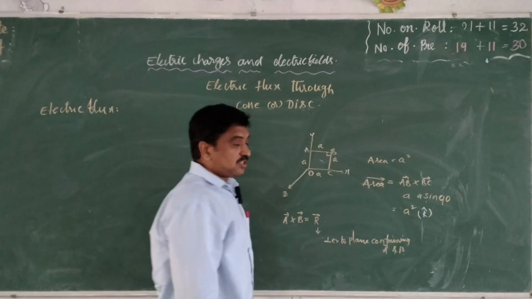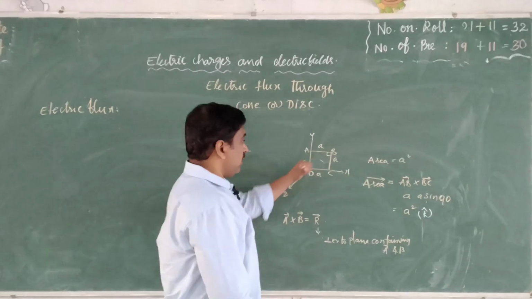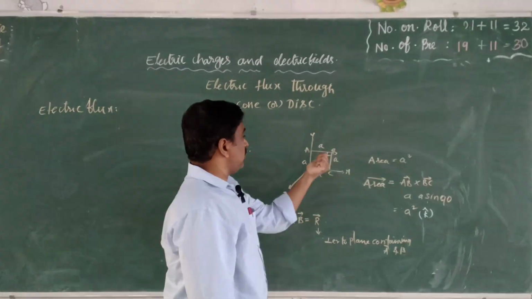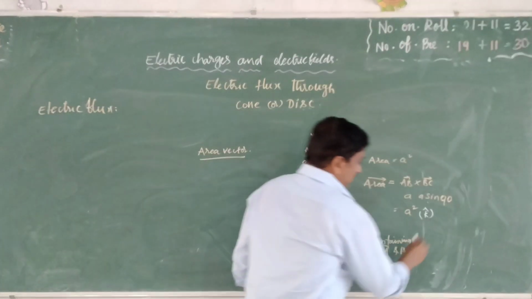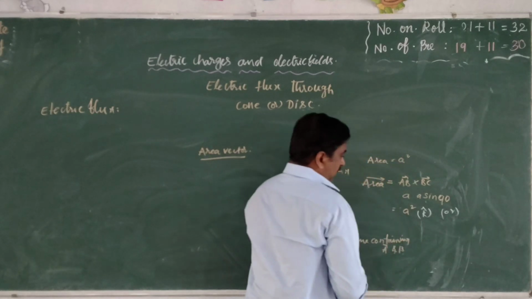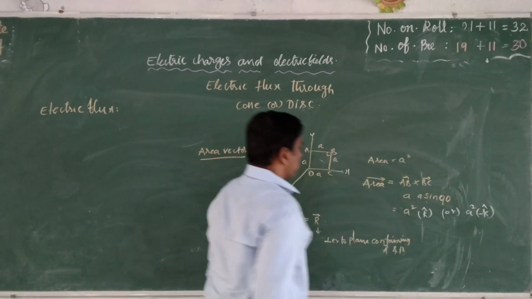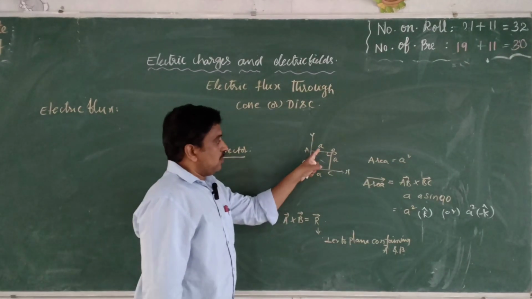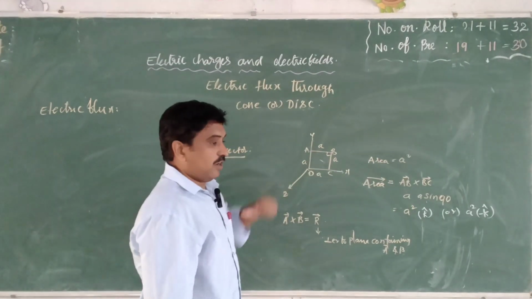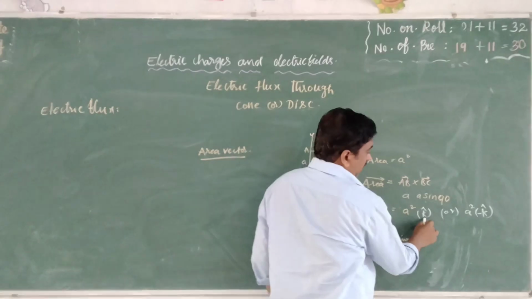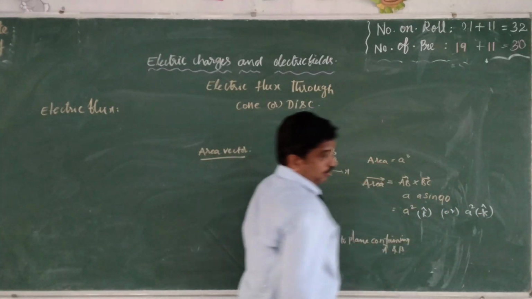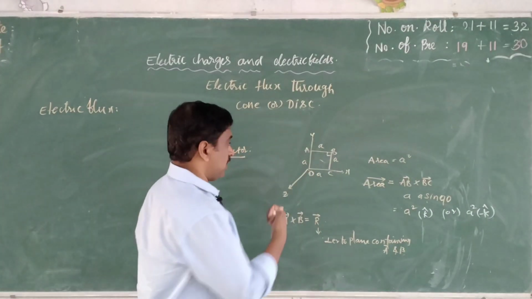What is the direction of the area vector? It is k cap. This is also an open surface, and downwards is also open, so there are two possibilities. We can write it as a square k cap or a square minus k cap. Why? Because it is an open surface, there are two sides, upwards and downwards.